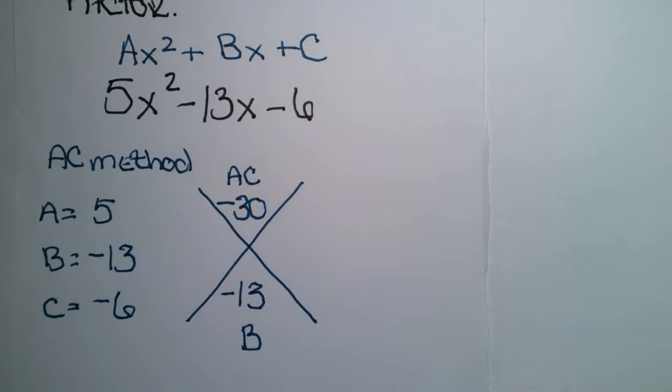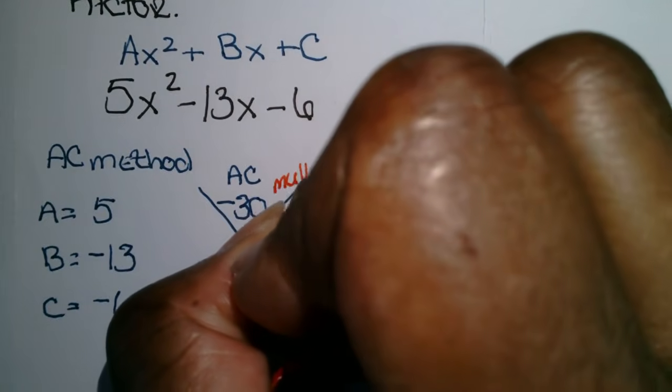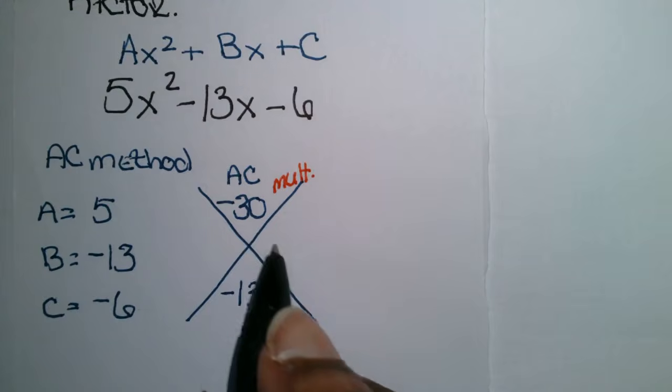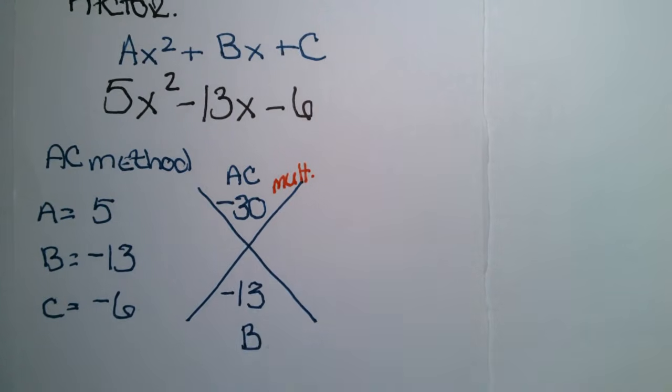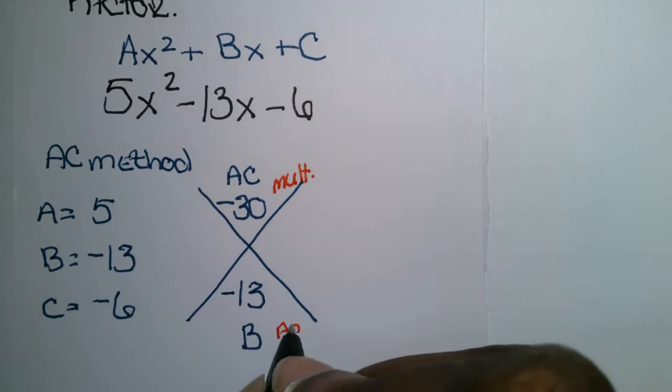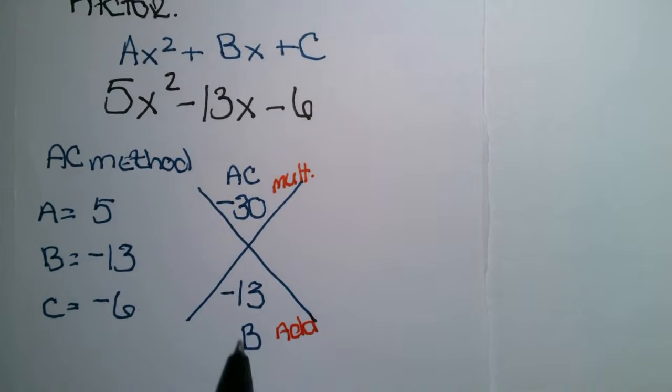Now this is the hardest part, especially if the multiplication table is a little bit of a struggle for you. We need to figure out what 2 numbers multiplied will give me negative 30 and add to give me a negative 13.